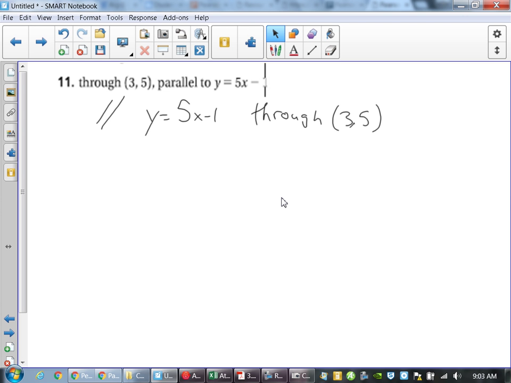A lot of times when I do these types of problems, whether you're setting up a parallel equation or a perpendicular problem, you're doing the same thing. First thing you do is, what's your original slope? What's the original slope in that equation? 5. Good.